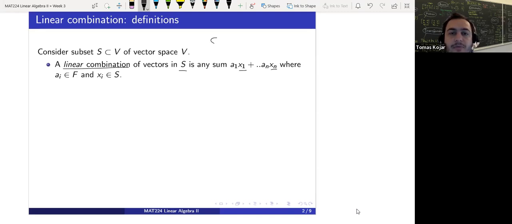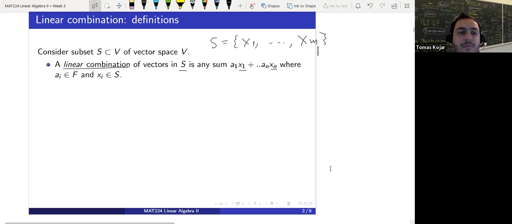So suppose S is x1 to xm, we take some subset of them and write a linear combination. You take elements from the set and then coefficients from the field.